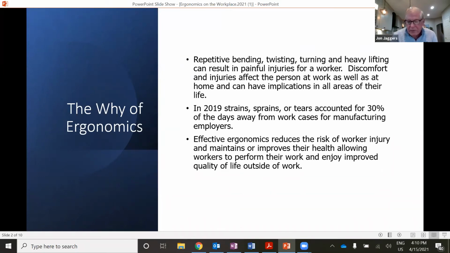So effective ergonomics reduces the risk to the worker and maintains and improves their health, allowing them to perform the job better from a quality standpoint, both internally and in their life outside of work. If they walk away from work with a constant strain or pull, it's not going to be a good home life by any means. So go ahead, Hannah.